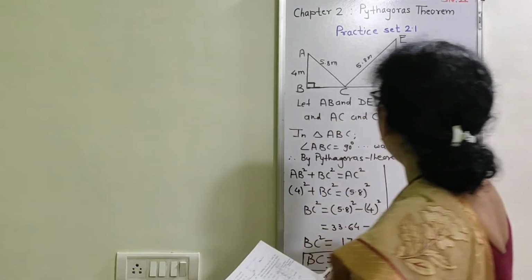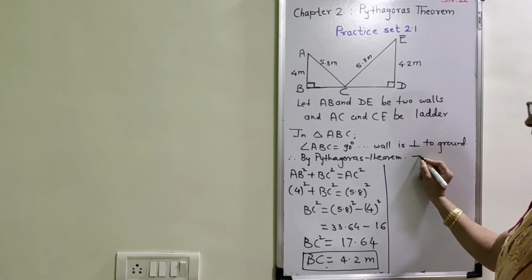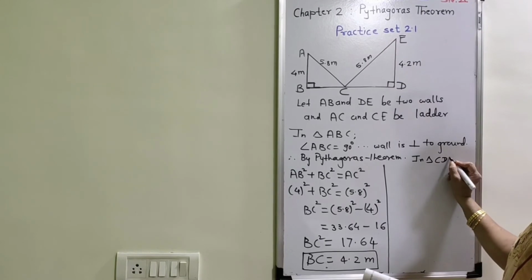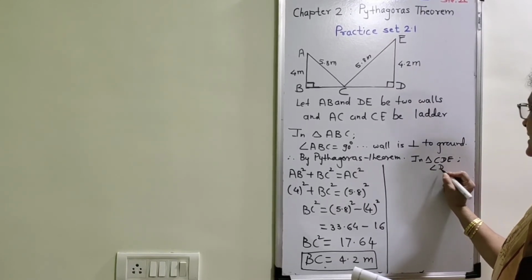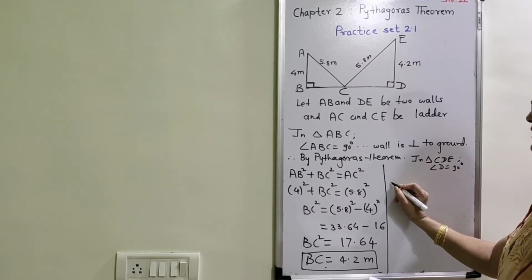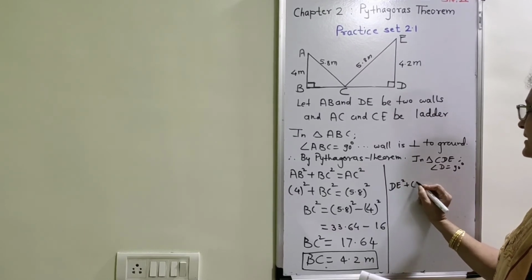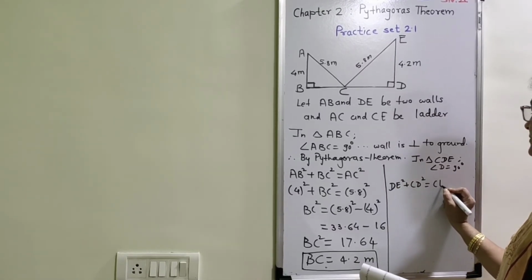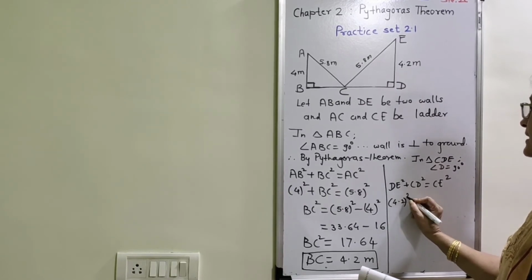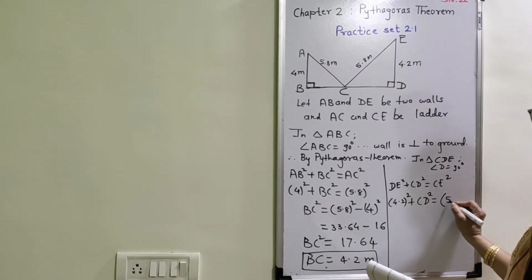Similarly, apply Pythagoras theorem again for the second triangle. In triangle CDE, angle D is of 90 degree. Now here also I write the perpendicular sides: DE square plus CD square is equal to CE square. DE is 4.2, CD I am going to find out, and CE is 5.8.